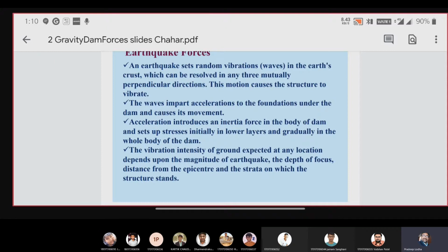the vertical direction is the z-axis. Then you would be comfortable understanding that along the axis, the x direction, there won't be much movement, because on both sides the gravity dam has hill abutments where the pressure or force is transferred directly, and gravity dams don't fail because of forces along the axis of the dam.